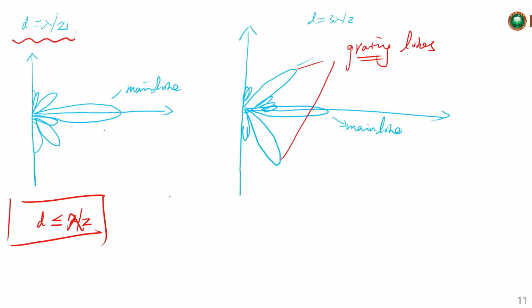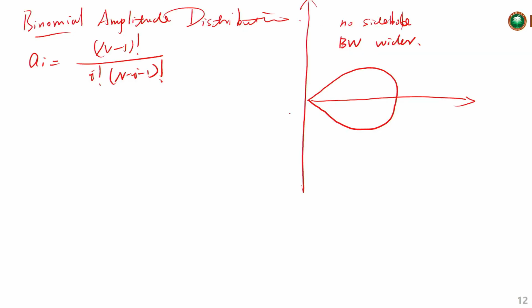Even though it is narrow, it has side lobes. But when we use the binomial amplitude distribution, the side lobes are erased, but the beam width becomes wider. So in antenna design, there is a trade-off between the side lobes and the beam width of the main lobe of the radiation pattern.